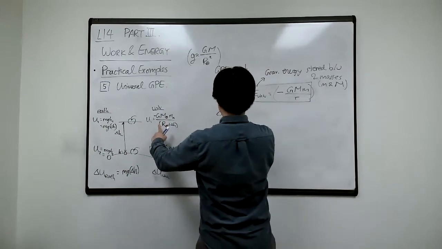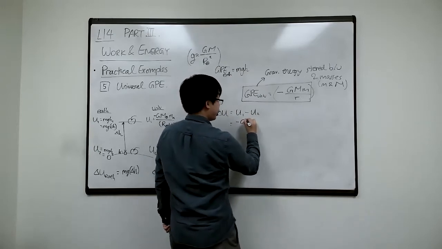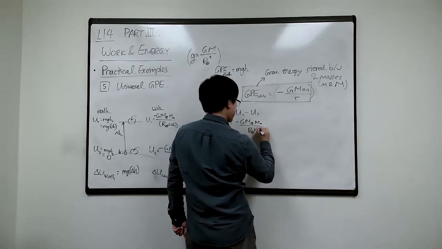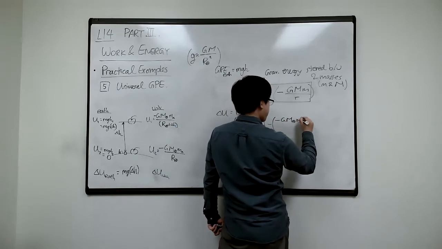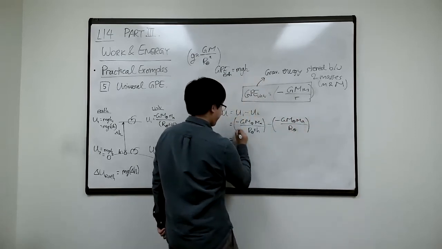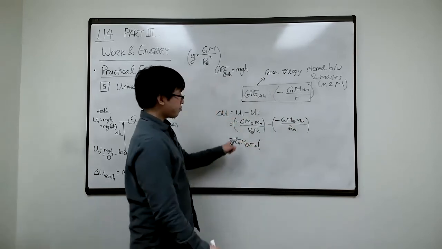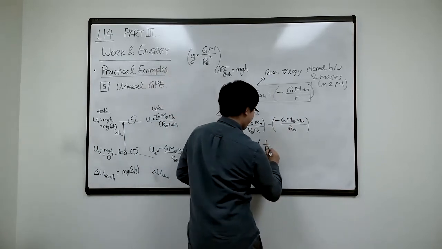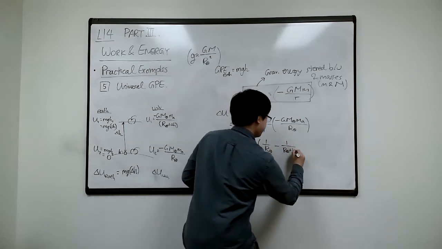So delta U, meaning U1 minus U2, is minus G M Earth m apple over R plus H, minus minus G M Earth m apple over R. Now let's pull out common factors. G M Earth and m apple is common. Now this is positive, right? So I have this minus this.